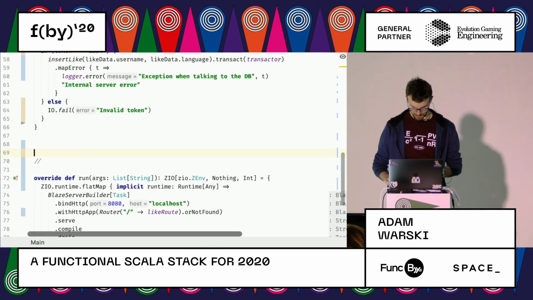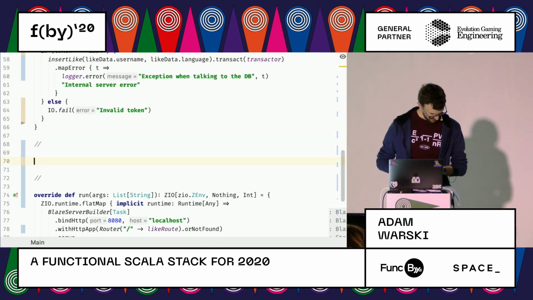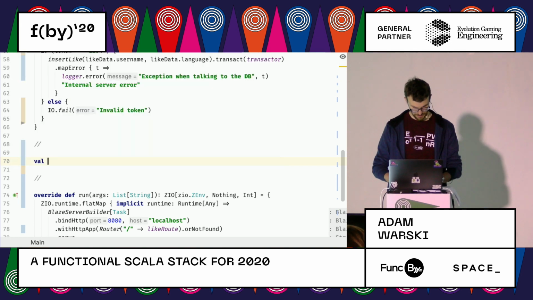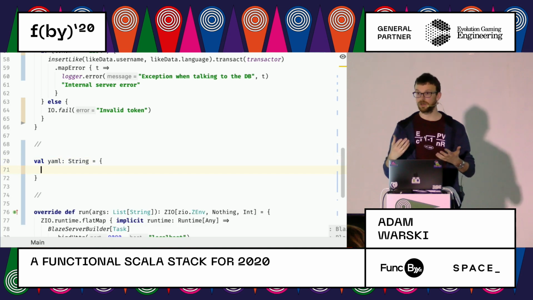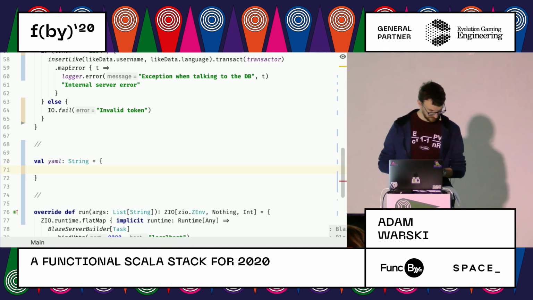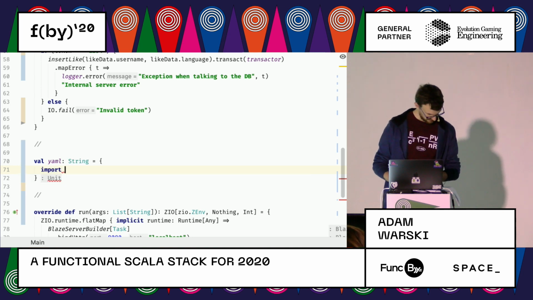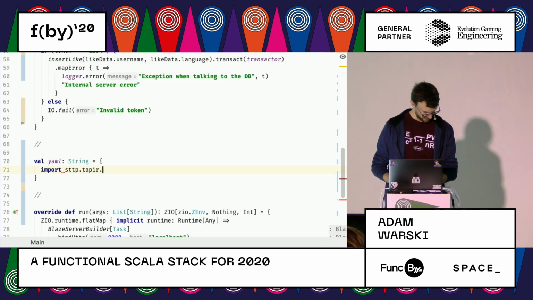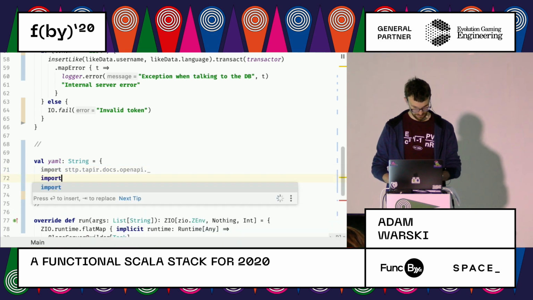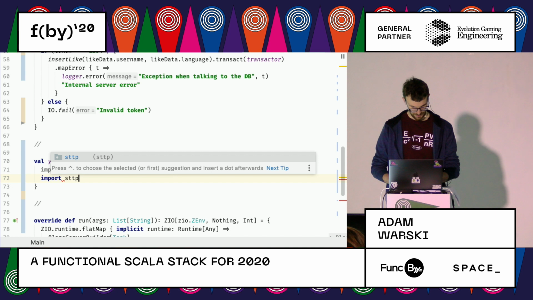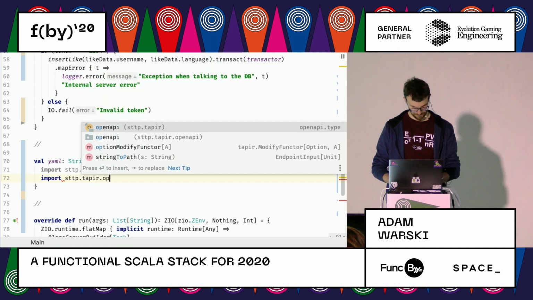So what we will do over here is we will create a YAML which contains the OpenAPI, the Swagger specification of our endpoint. So to do that, we need to import the interpreter, which is like a separate thing. So this time I will just write the imports. All the other imports have been there from the beginning because there's a couple of them.